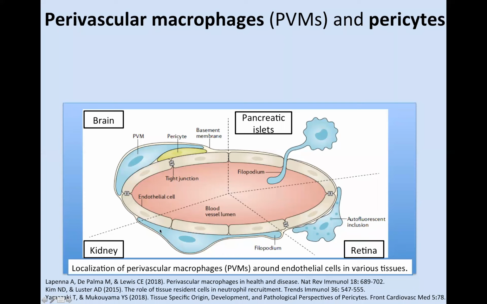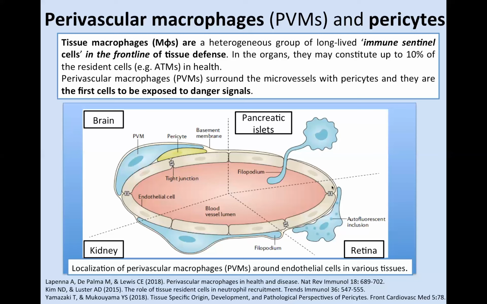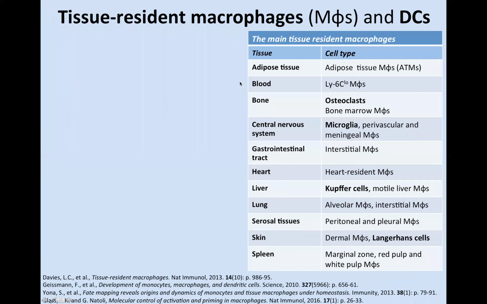And since the microvessels are tiny, they are just a single layer of endothelial cells, and they are in close contact to almost all of our cells, it's evident that these macrophages are everywhere in our body and can detect everything immediately. So these are the first ones to see the signals.